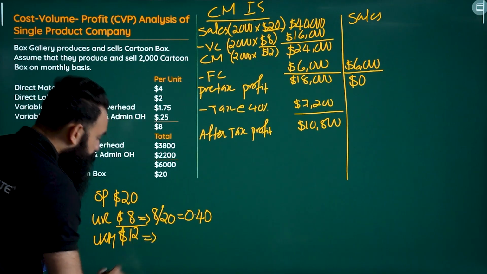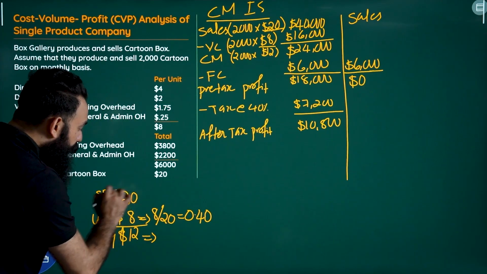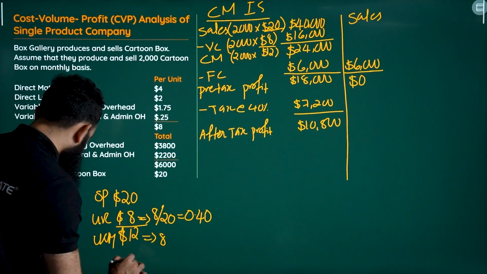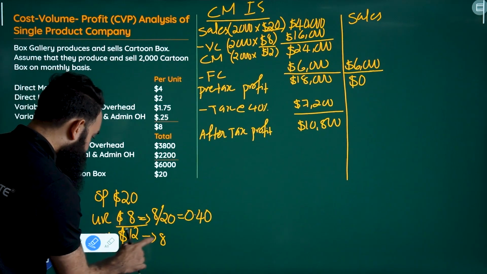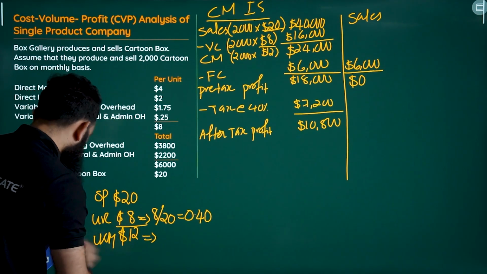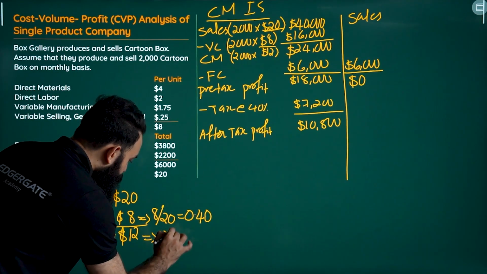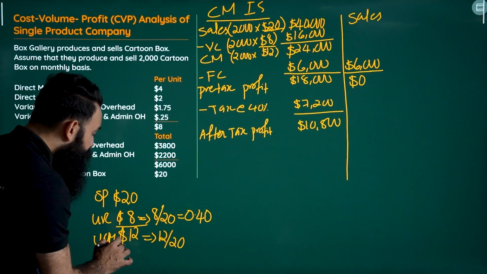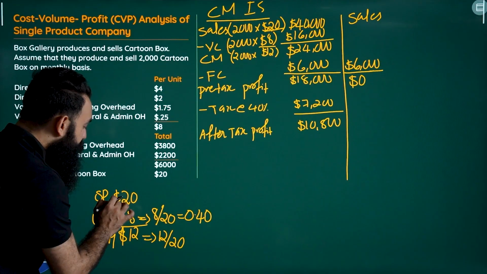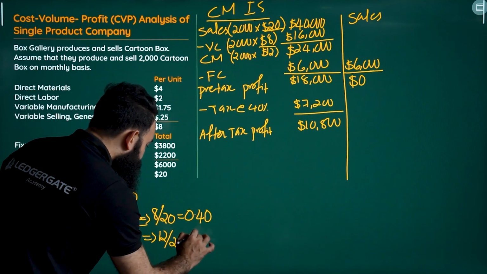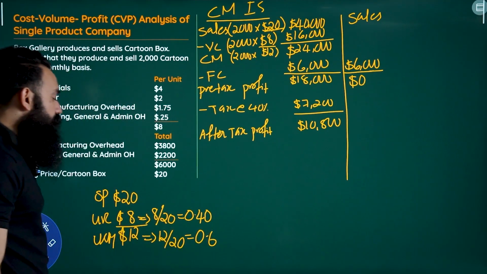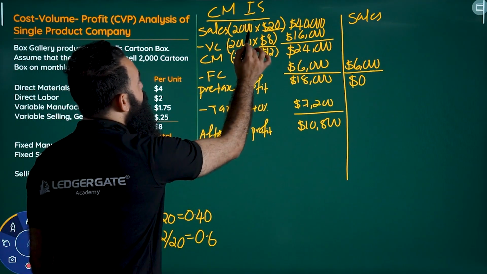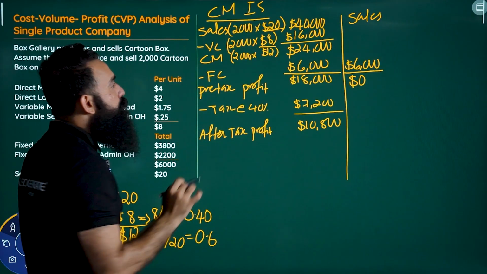This is 12 by 20, right? That means this unit contribution margin, how much percentage of this? That will be 60%. This will follow everywhere because when the unit changes here and here, it will be same.